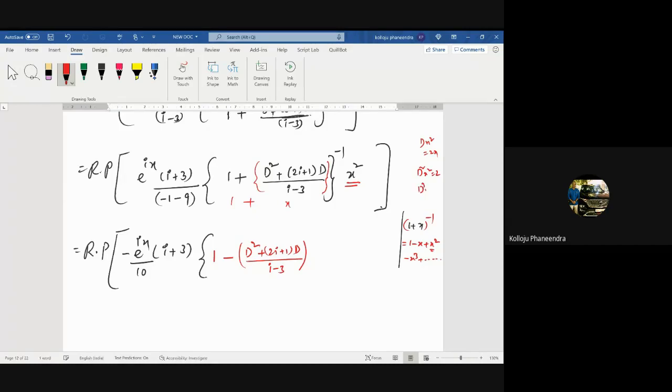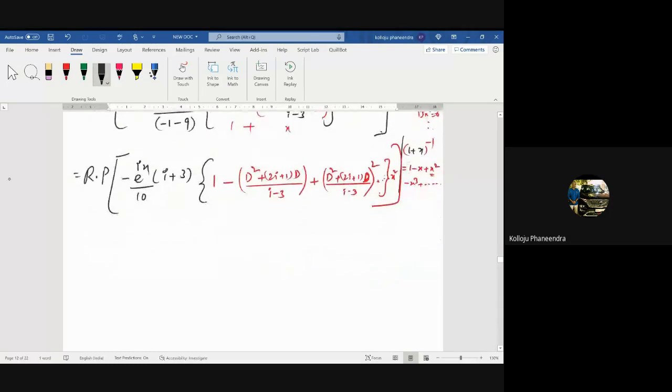And D cube of x square is 0. So up to second derivative is required. So I need one more term, because D square 2i plus 1 into D by i minus 3, this one whole square. In this one, this D square will be there. Here, D whole square, it will be there, into x square, this bracket closed. Now, remaining terms are negligible.